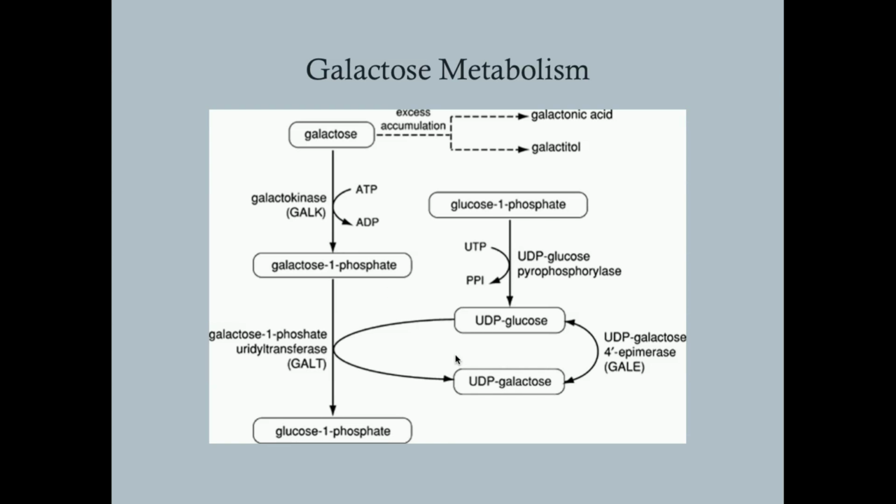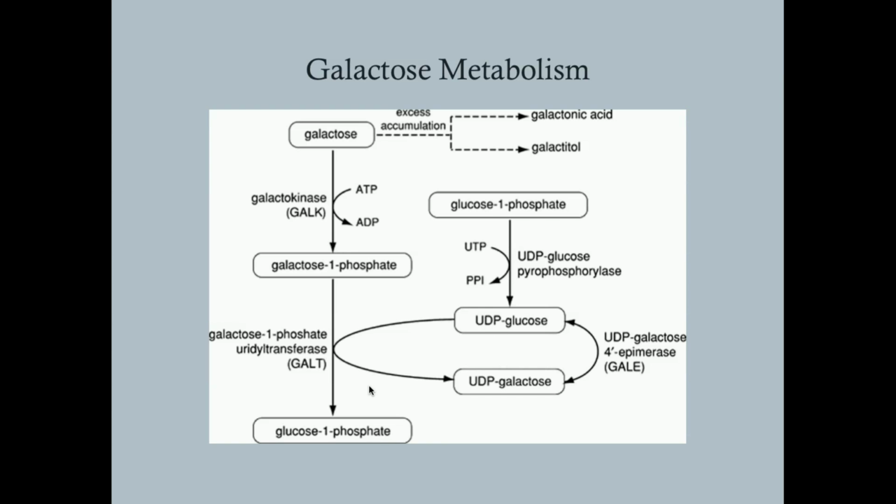It gives up its phosphate, takes the UDP from glucose, and the UDP glucose gives up its UDP and takes the phosphate from galactose. So they're basically switching dance partners. And so then we're left with glucose 1-phosphate, which can go into glycolysis after it gets converted into glucose 6-phosphate through an enzyme called phosphoglucomutase. And the UDP galactose can get switched into UDP glucose, which can then go into glycogen storage.